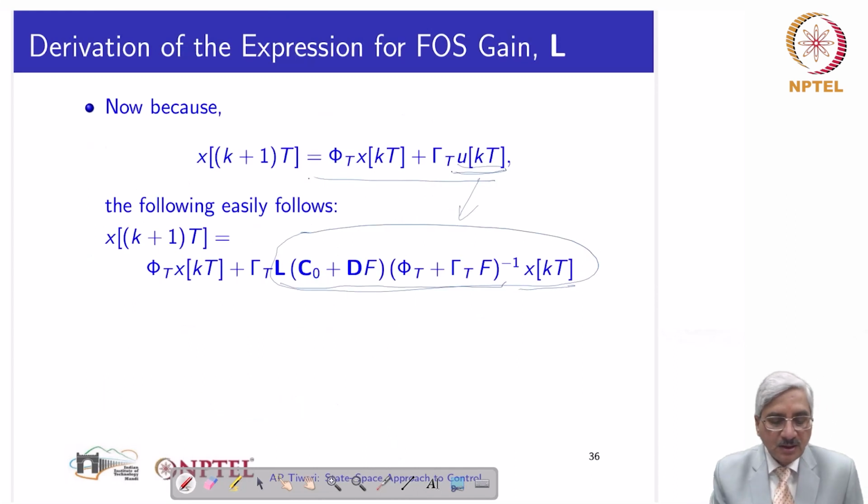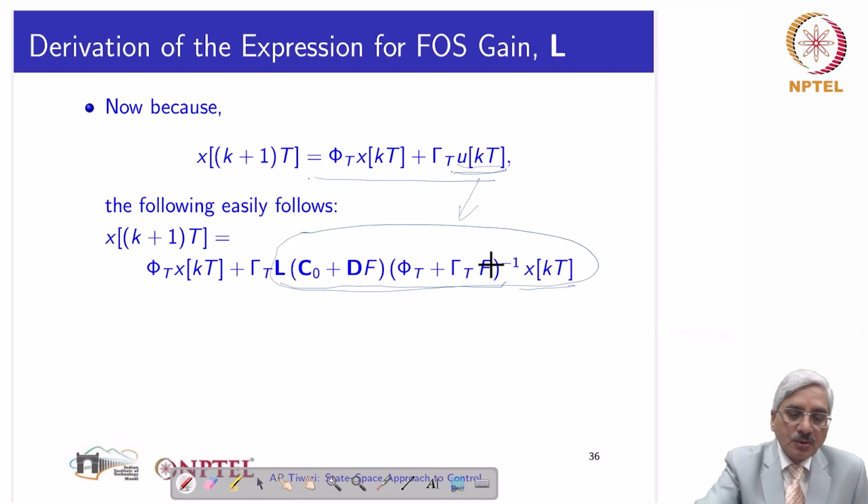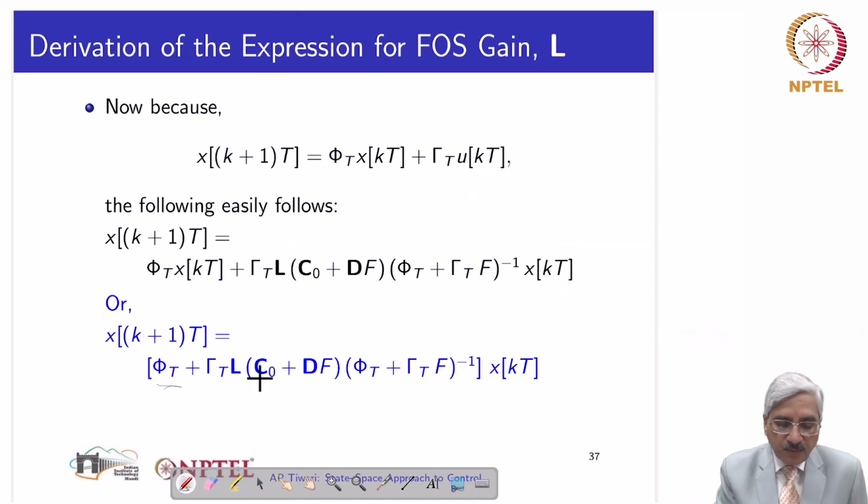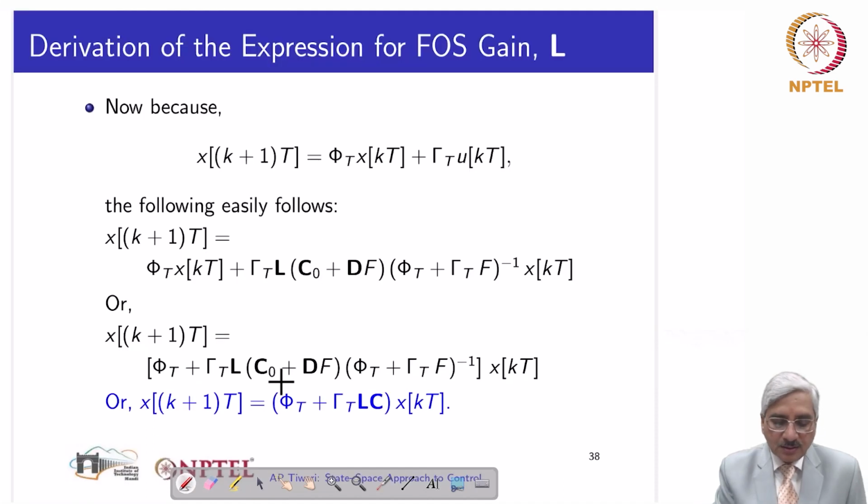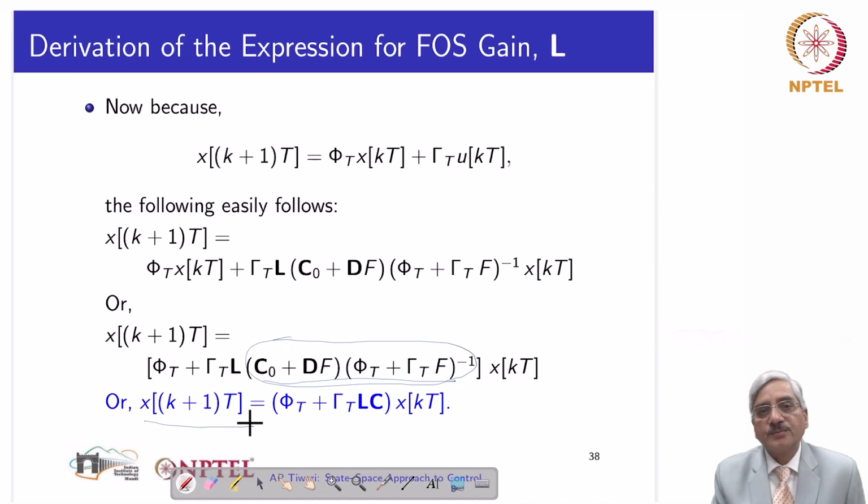That gives the closed loop system: phi tau plus this whole matrix into x(kt). And here we denoted this thing as C, that boldface C. So we have phi tau plus gamma tau LC x(kt) equal to x(k+1)t.